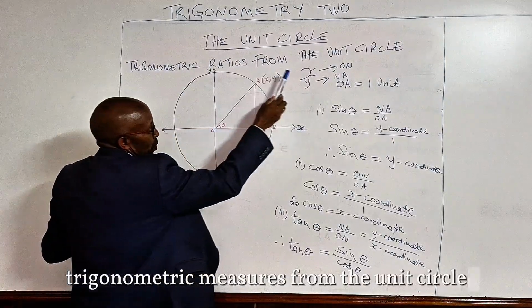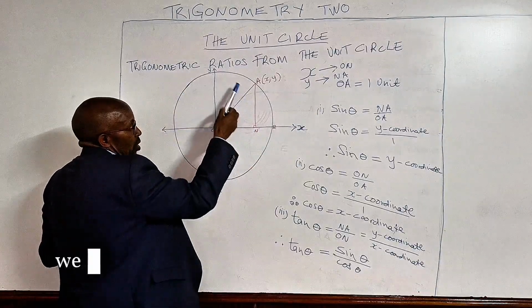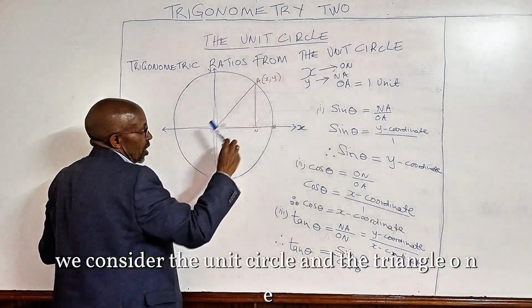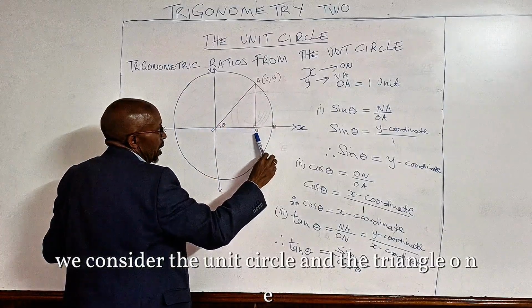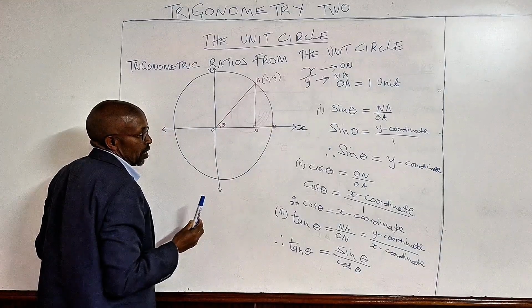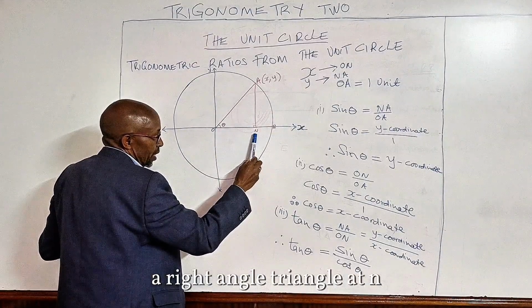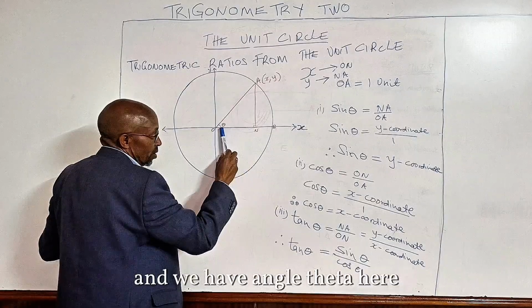Trigonometric ratios from the unit circle. We consider the unit circle and the triangle ONA. ONA is a right angle triangle at N, and we have angle theta here.